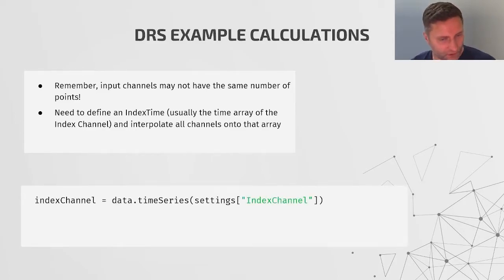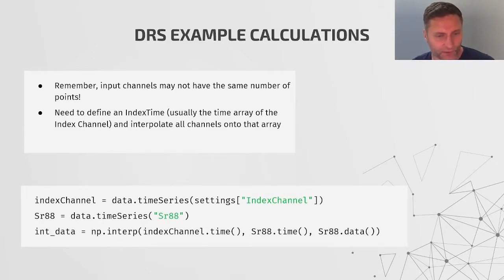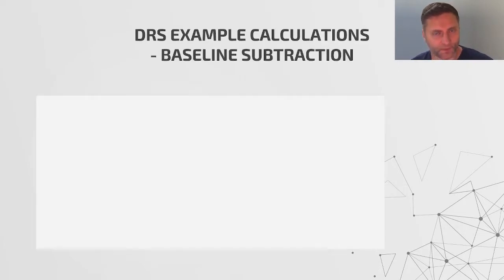You would get your index channel, and you would take your input channel, and you would interpolate by using numpy.interp, and you'd be interpolating it onto the index channel's time array, and you would pass the input channel's time array and its data array, and that would give you your interpolated data. Now, I only mention that for completeness because normally you wouldn't have to do this, because iolite has a built-in function that does this for you. So let's look at that now.